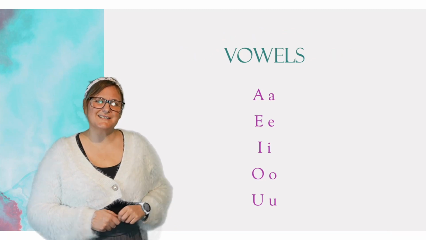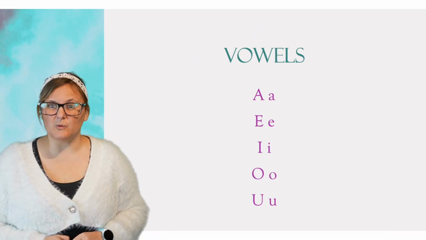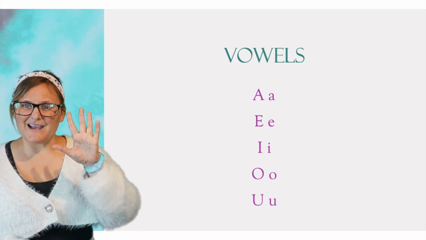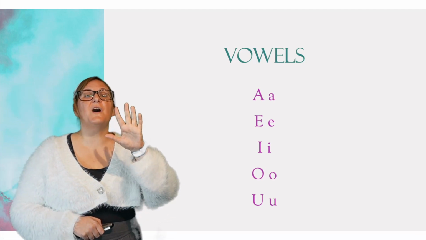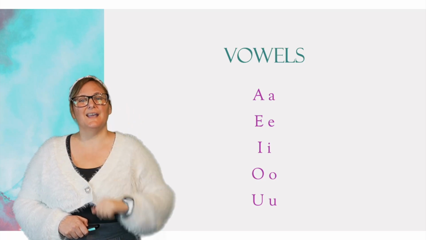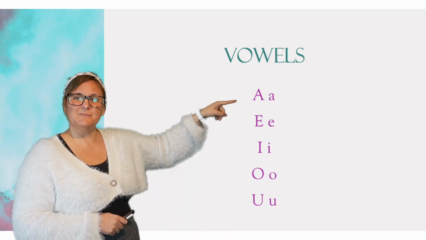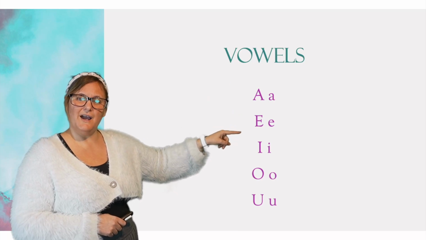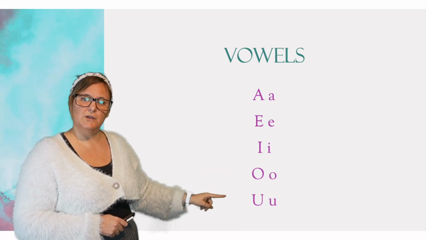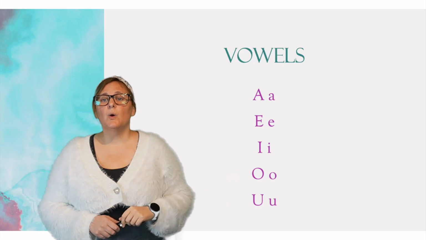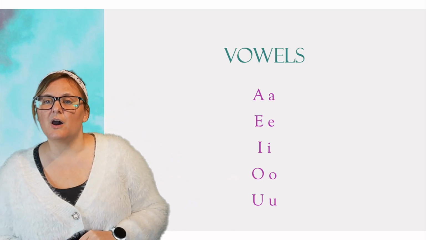Now we're going to take a look at our vowels. As we mentioned earlier, we have 5 vowels, and our 5 vowels are A, E, I, O, U. Why don't you practice saying them after me?